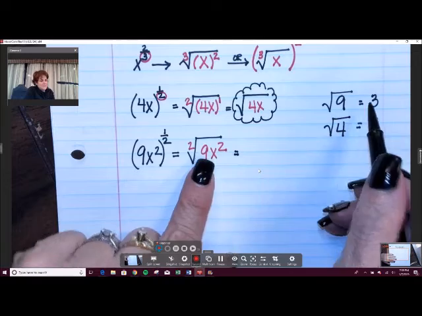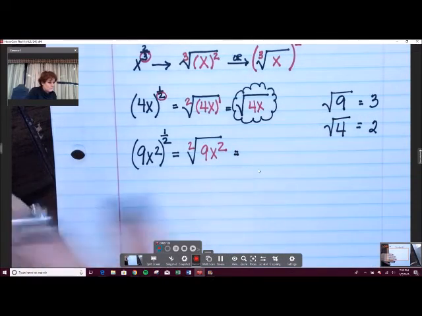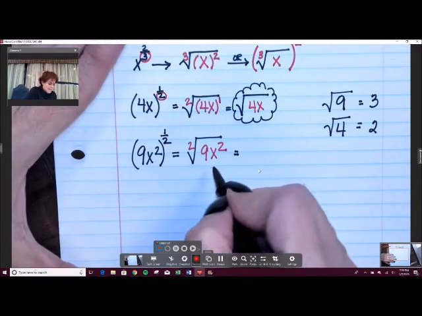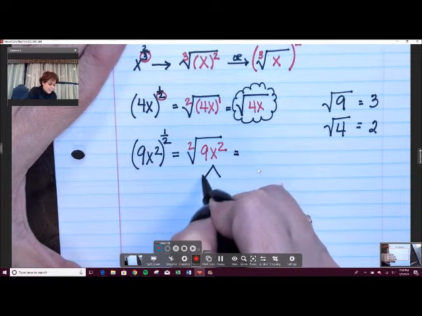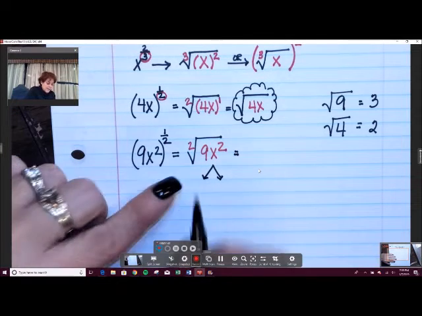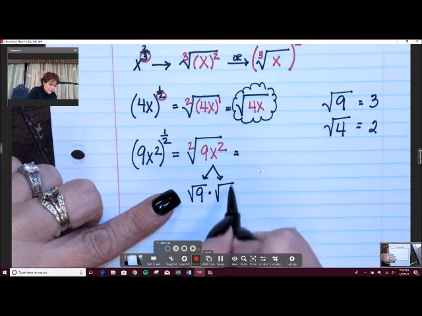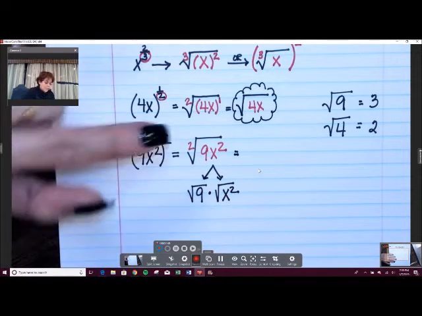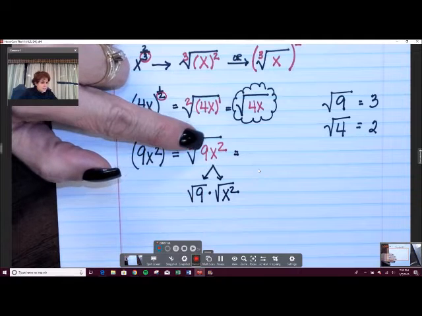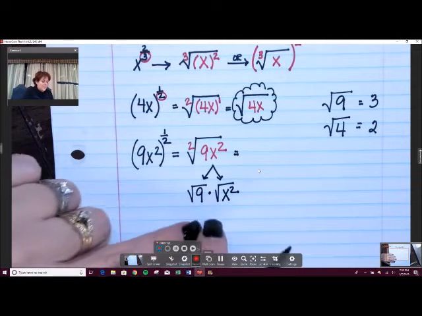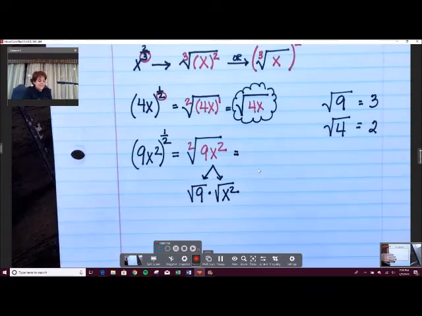It's 3. So I'm going to break it up and say the square root of 9 times the square root of x squared. Whatever's in here, I'm just multiplying, so I'm going to break it up into 2 pieces.